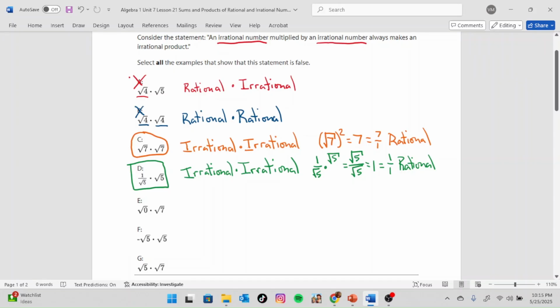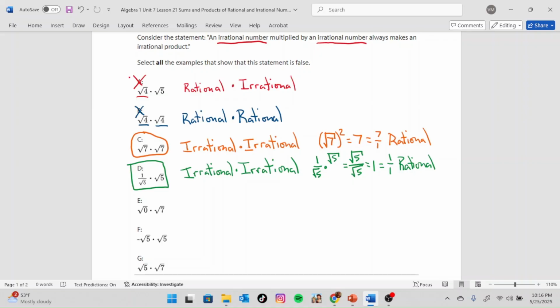Now we look at E. Square root of 0 would not be considered an irrational number because the square root of 0 can be rewritten as 0 over 1, or really 0 over anything.